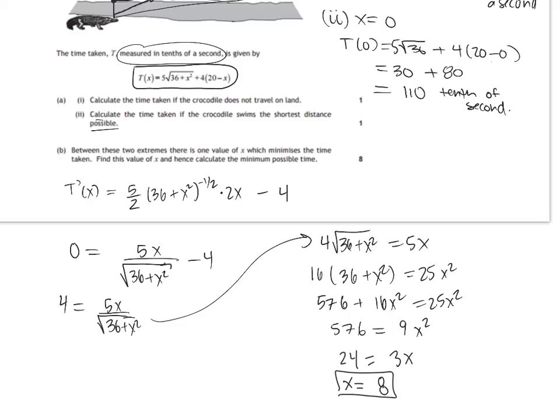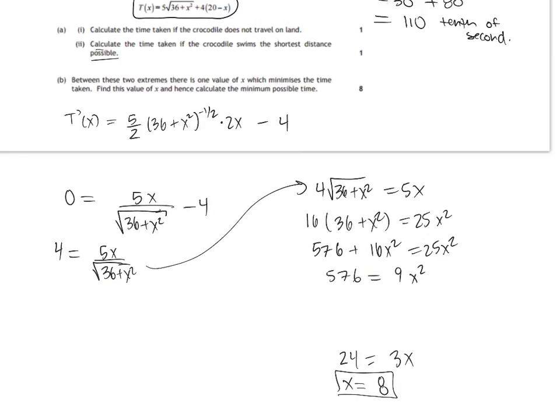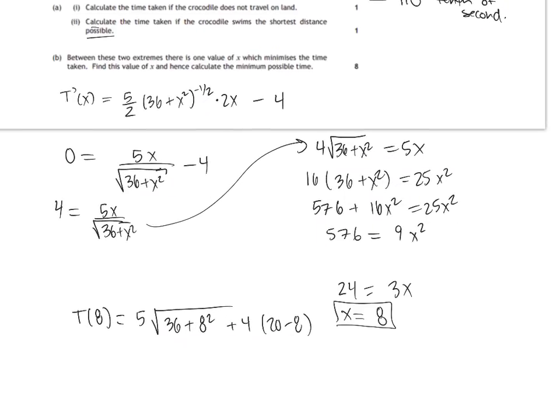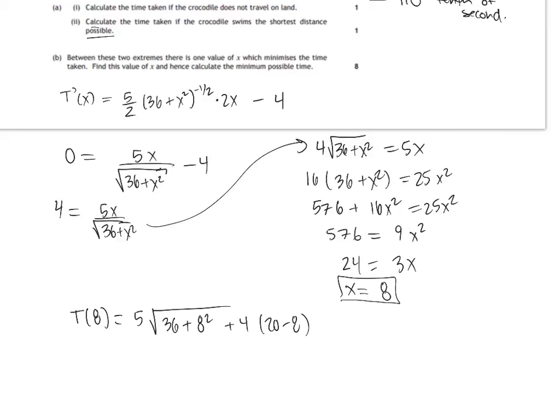Okay. Oh yeah, I can move it up. No problem. And then to find the minimum time, what do you do? You plug 8 in, yep. They didn't even make these kids justify it was a minimum. 5 root 36 plus 8 squared plus 4 times 20 minus 8. And I think it even worked out to be a perfect square, didn't it? Because that becomes like root 100.